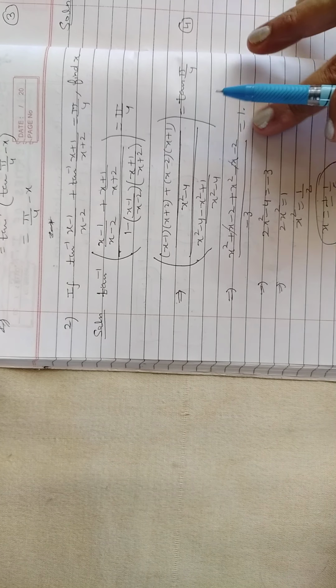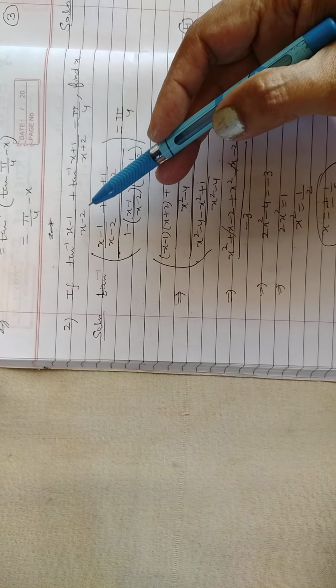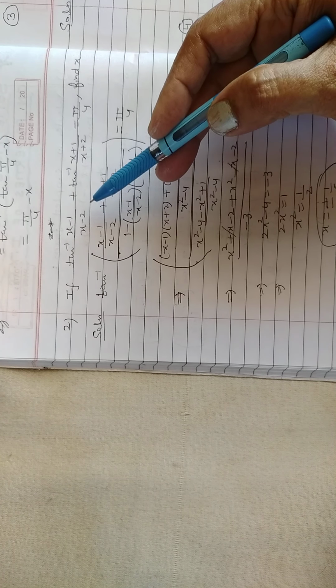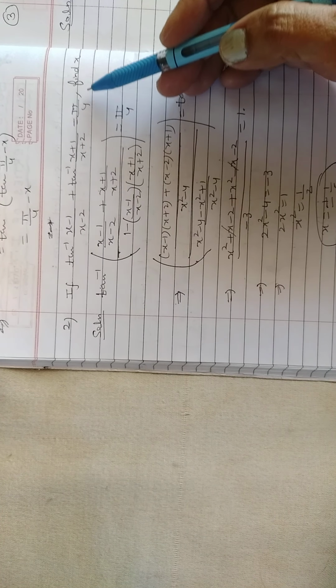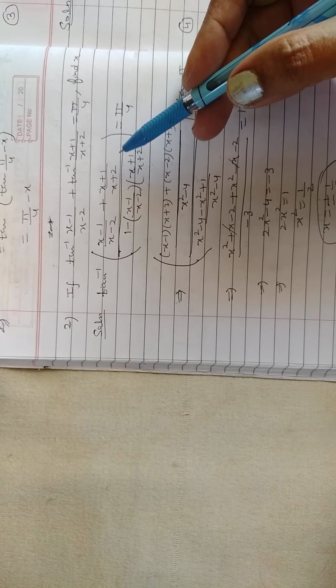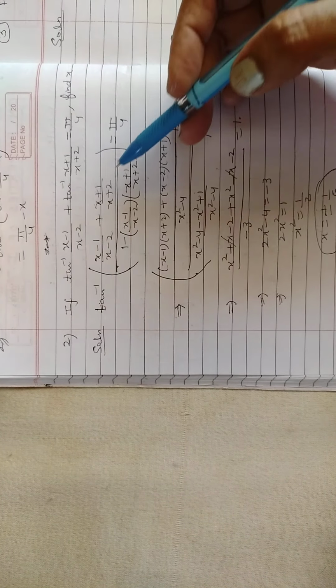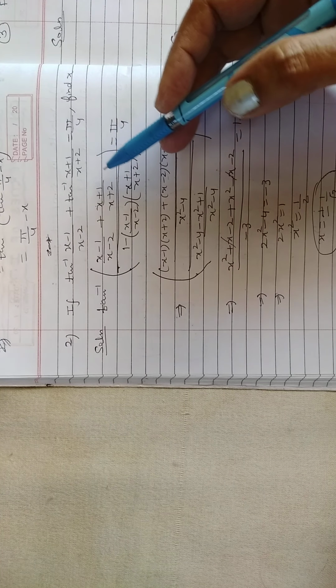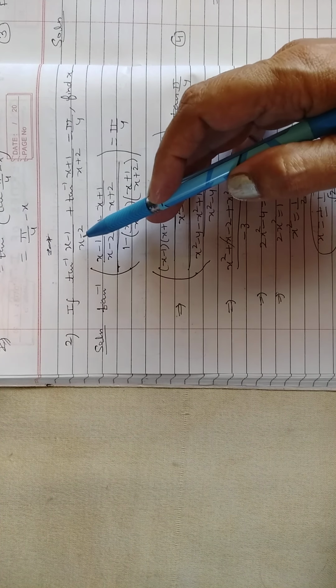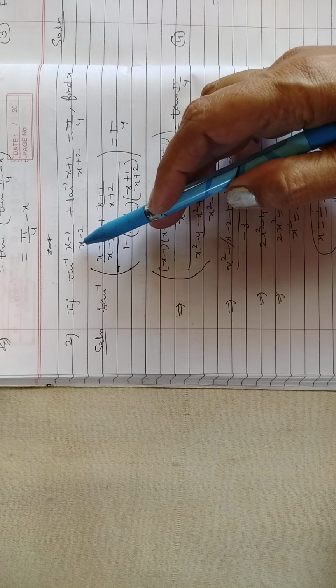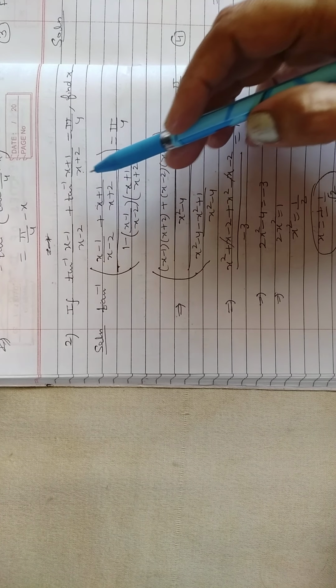Now next question is, if tan inverse of (x minus 1) over (x minus 2) plus tan inverse of (x plus 1) over (x plus 2) is equal to pi by 4, find x. You have to find x from this equation. This is a very important question. So on the left hand side, you will apply the formula of tan inverse x plus tan inverse y.